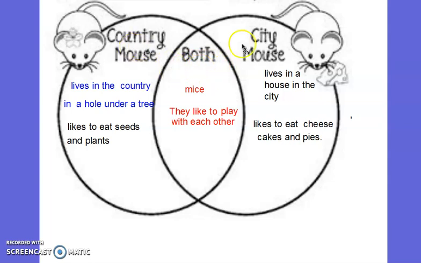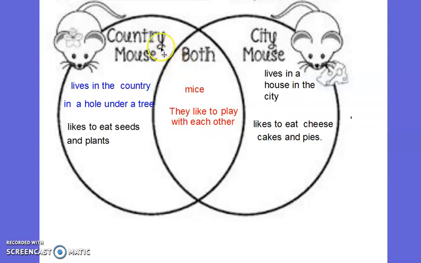This is a mouse and this is also a mouse, so we can say that both are mice. Now, they also like to play with each other, so we can say that the two like to play with each other. Both like to play with each other, so they are mice and they like to play with each other.